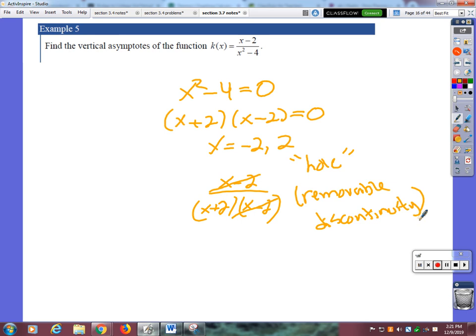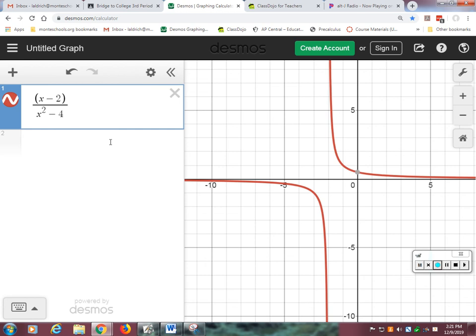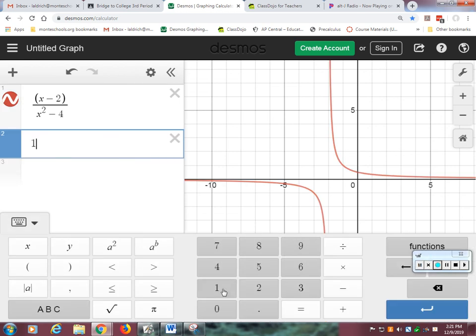And if I regraph this in its canceled form, in other words, this and this cancel, giving me 1 on top and just an x plus 2 on the bottom, you will notice that these two graphs are exactly the same, with the exception that the one missing hole is now filled in on this graph.